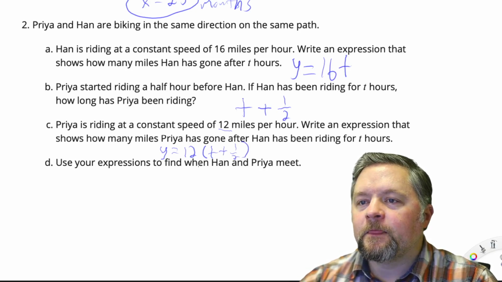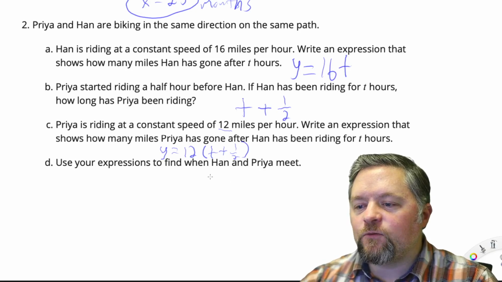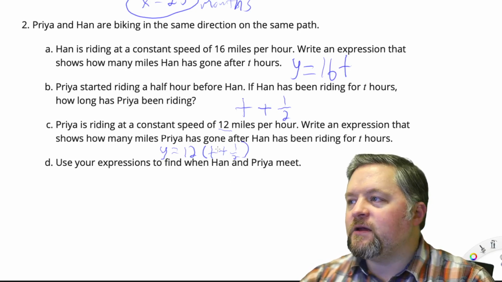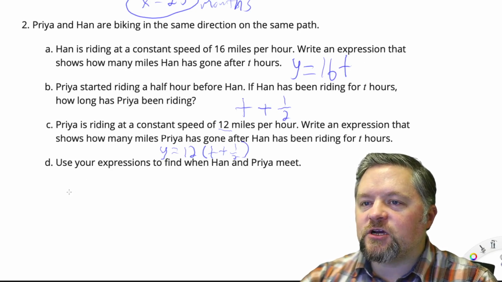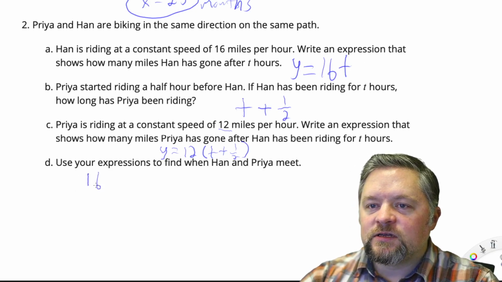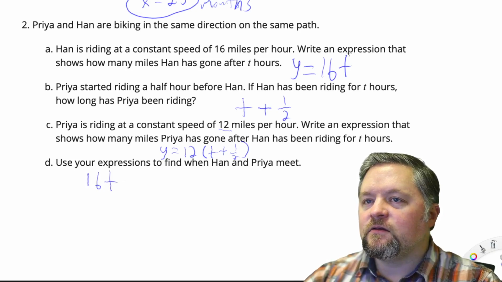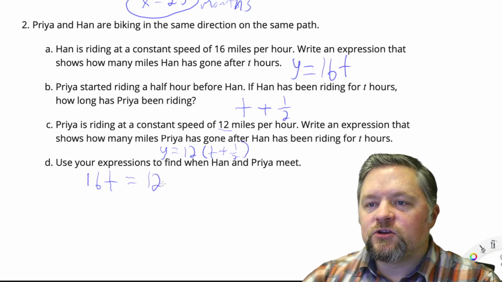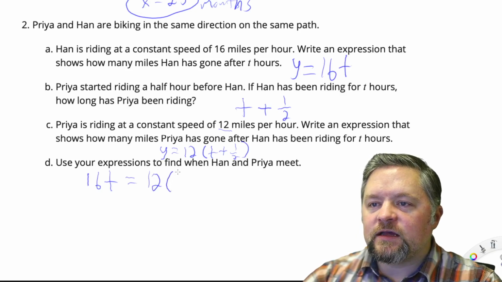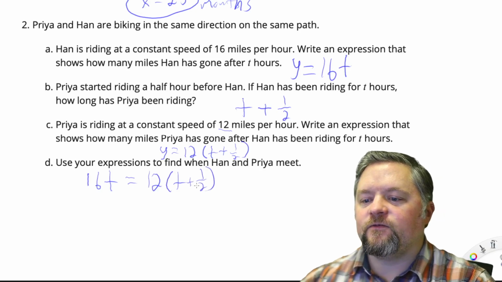Okay. Use your expression to find when they meet. Well, when they meet, when they're in the same place, we just have to set the two equations equal to each other. So 16t, that was Han, equals 12 times t plus 1/2.